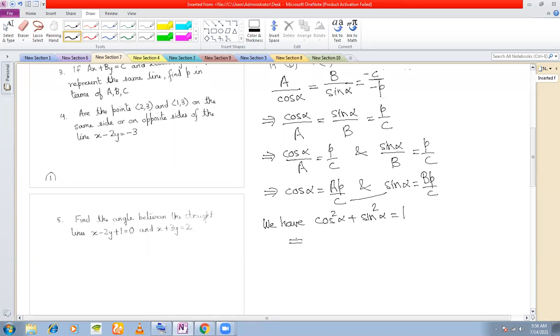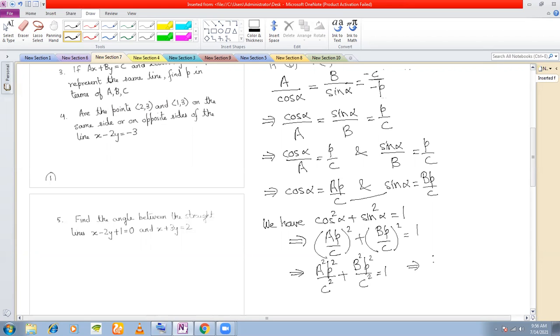So put the values here: (ap by c) square plus (bp by c) square is equal to 1. That means you have a square p square by c square plus b square p square by c square is equal to 1.